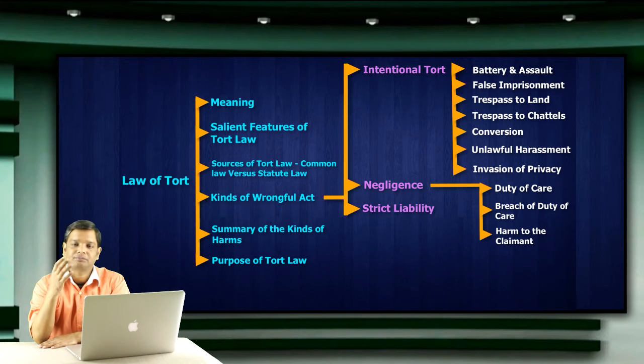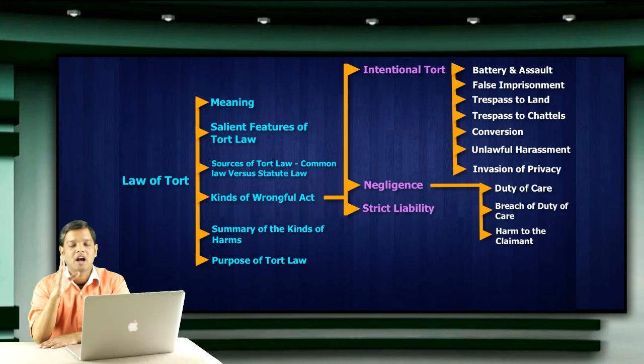If you are master and your servant did something wrong while doing his duty, while serving his duty to you, not while doing something personal, then you are responsible for that, not that servant. So, this is strict liability.